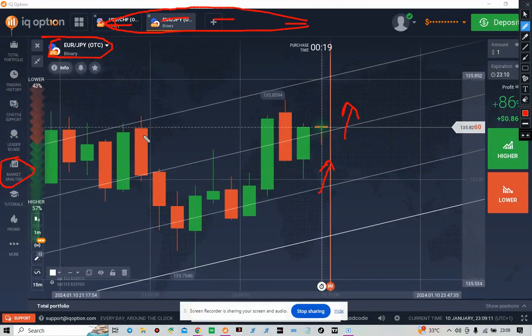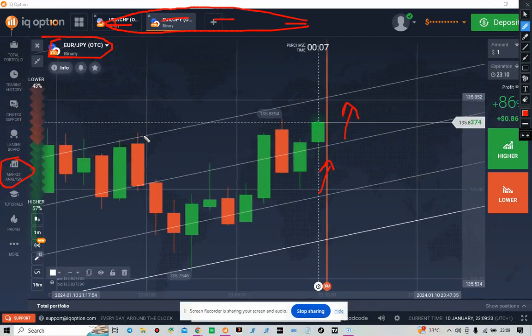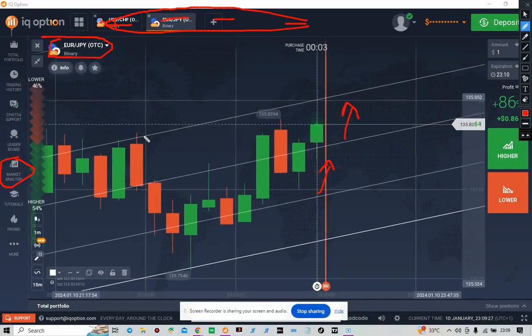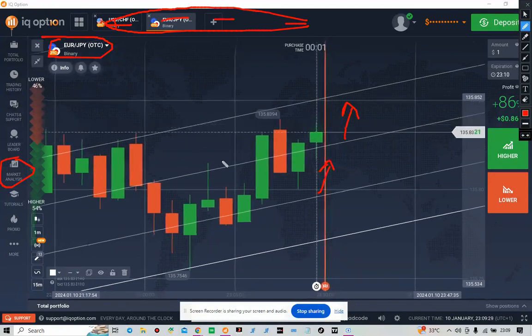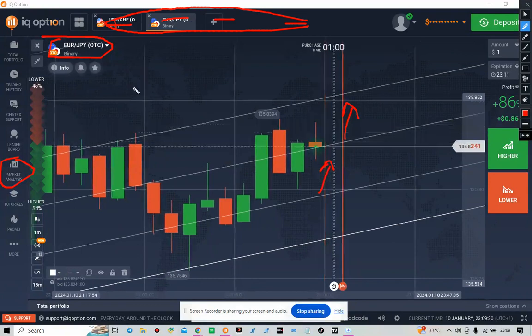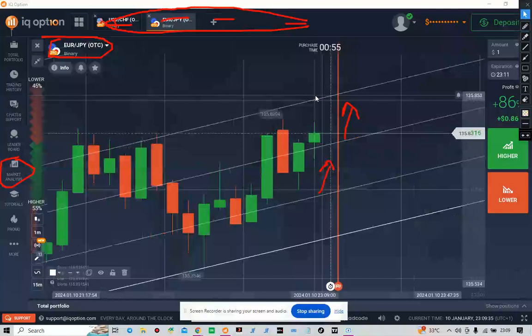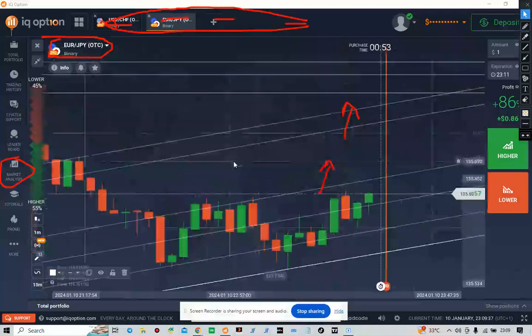So I may draw the lines. It depends on the kind of trade opportunity I see on the chart. If there's no trade opportunity, I won't take a trade. But in a situation where I take 4 trades in one single pair, look at where we started.